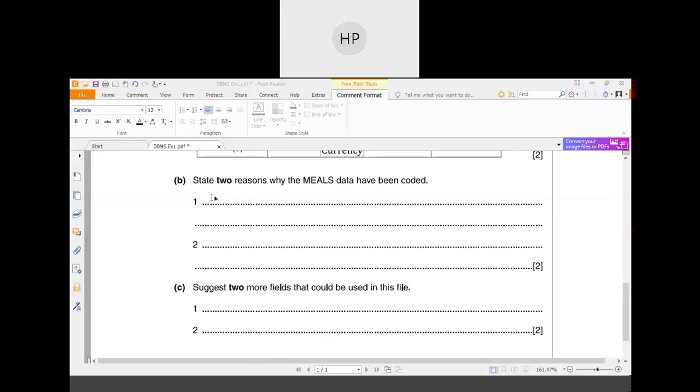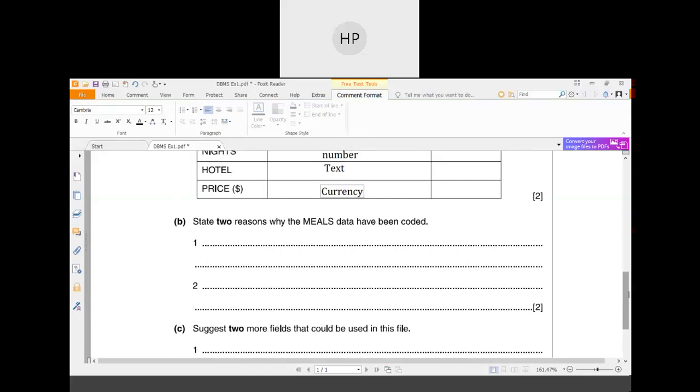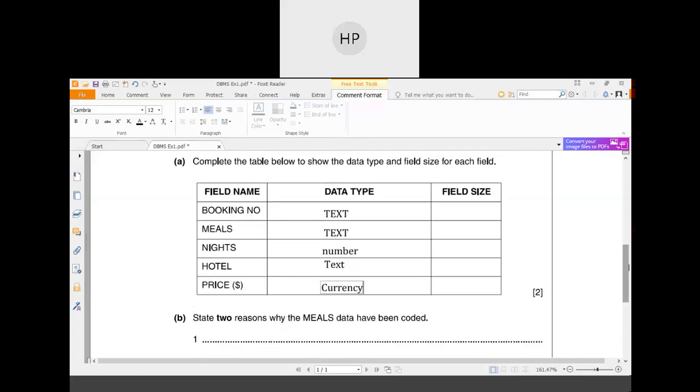So the text is too long. Exactly. Text is too long, and it takes some time to enter. When there's a data entry operator working with the system, he or she has to spend a lot of time to type in these values. So it takes time.